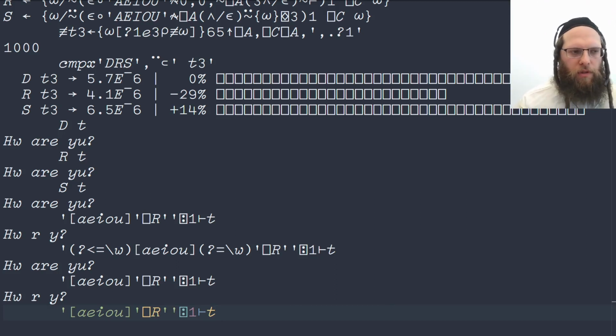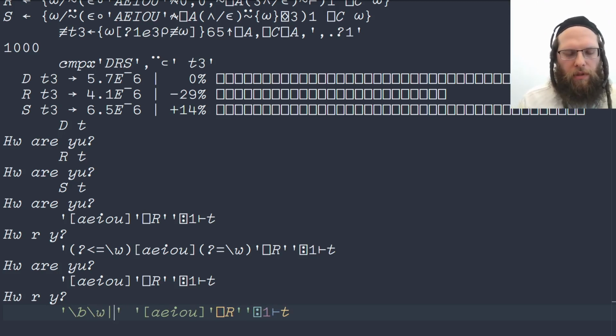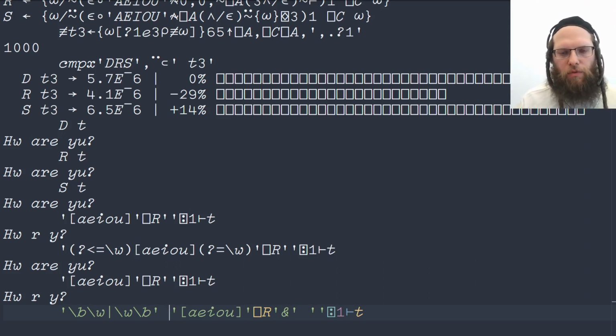Which ones do we want to preserve? We want to preserve any letter that is preceded by a word boundary, so it's on the left edge of a word, or at the right edge of a word. Those will be replaced with themselves. And any vowel that remains after that, that hasn't been consumed by the first pattern, we're going to replace with nothing.